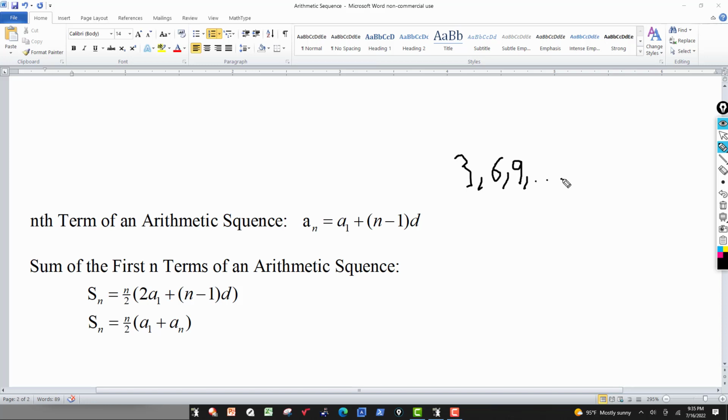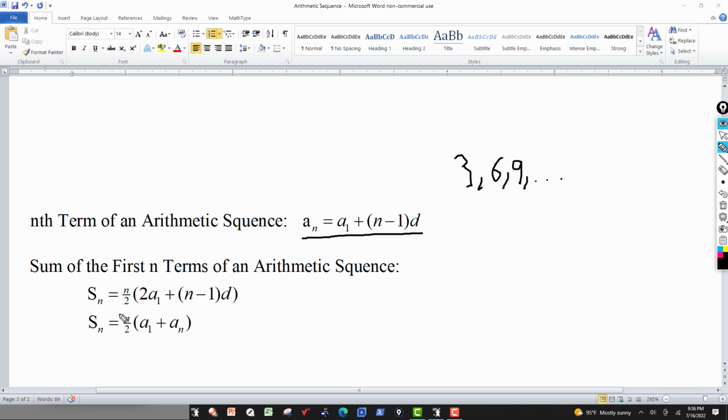The pattern continues. You can see that we go 3 and then we add 3 to get 6, add 3 to get 9. So the common difference between any two consecutive values of the sequence is, in this case, 3. So we would say D, or the common difference, is 3. The first term is 3. And this is your formula to find a particular term of the sequence.